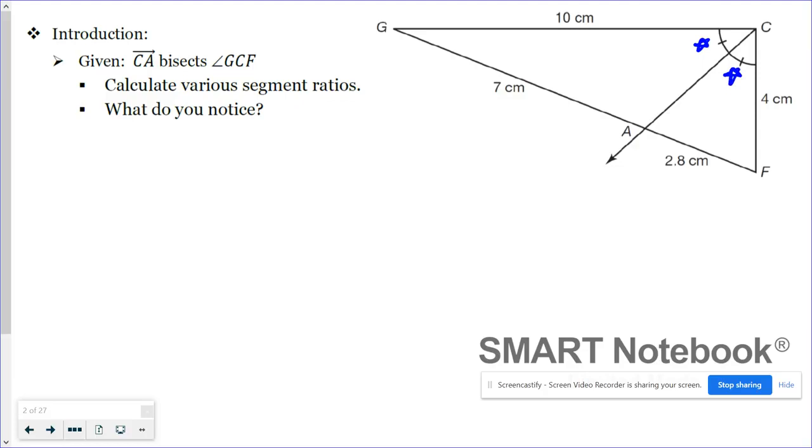But look at various segment ratios, because there are 4 segments that they've given us the measures of. What do you notice? What do you wonder?